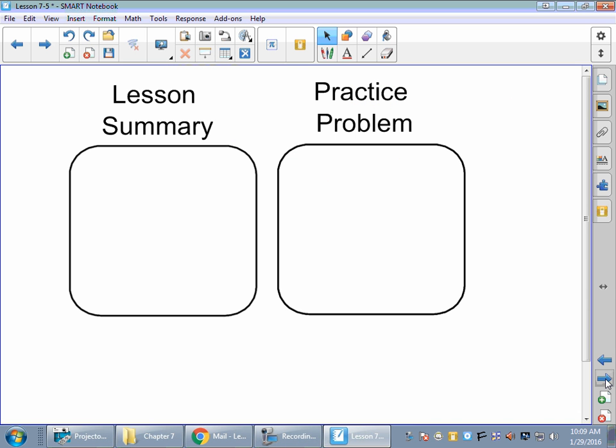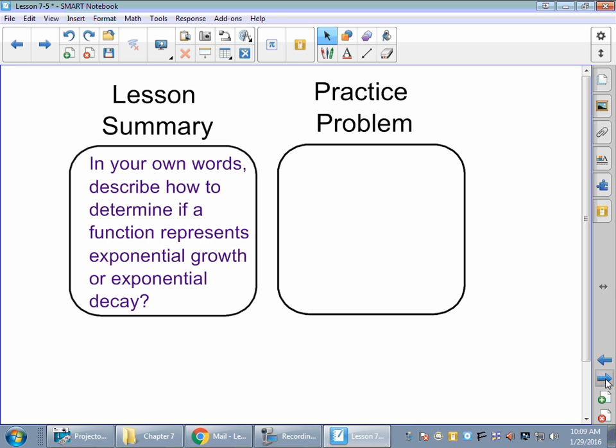All right. So, lesson summary. In your own words, describe how to determine if a function represents exponential growth or exponential decay. What do you look for? How do you do that? If I say, here's a graph or here's an equation, how do you know if it's exponential growth or exponential decay?